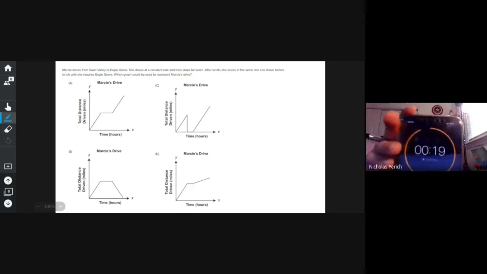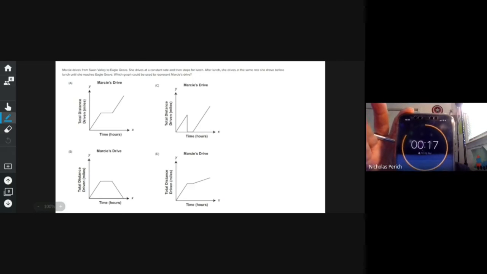Twenty more seconds, because some people are still answering. She drives at a constant rate, stops for lunch, and then drives further away.